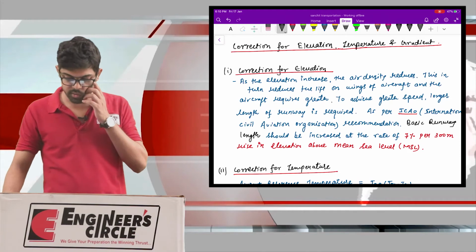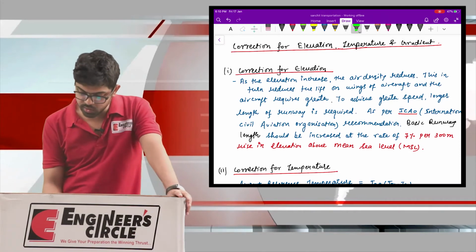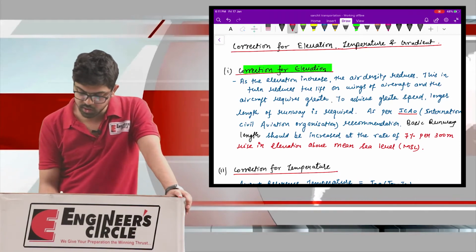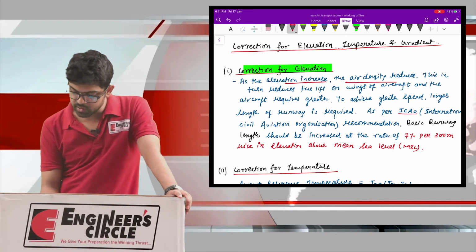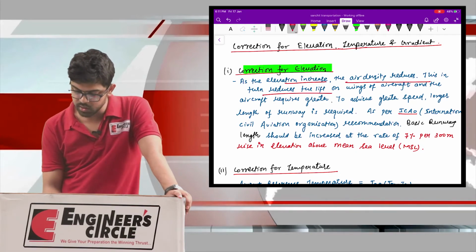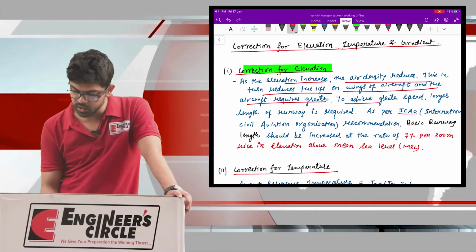So what are the corrections for the basic runway length? The first is your correction for elevation. This is a very important correction. As the elevation increases, the air density reduces. This in turn reduces the lift of the wing of the aircraft, and the aircraft requires a greater speed. To achieve the greater speed, a longer length of runway is required.